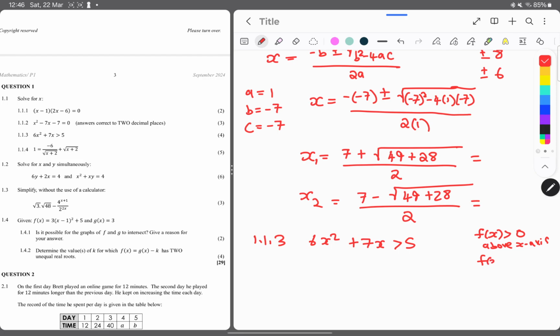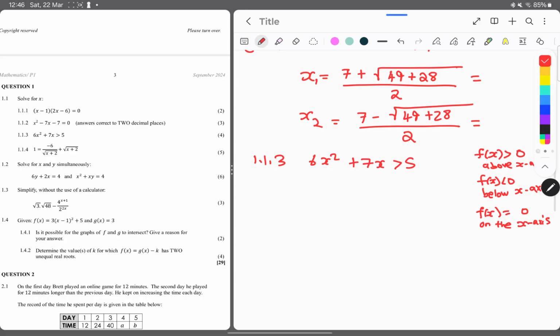If we're given f(x) less than 0, it means below the x-axis. And if we're given f(x) equals 0, it means on the x-axis. And this can be combined to give us greater or equal to or less or equal to.